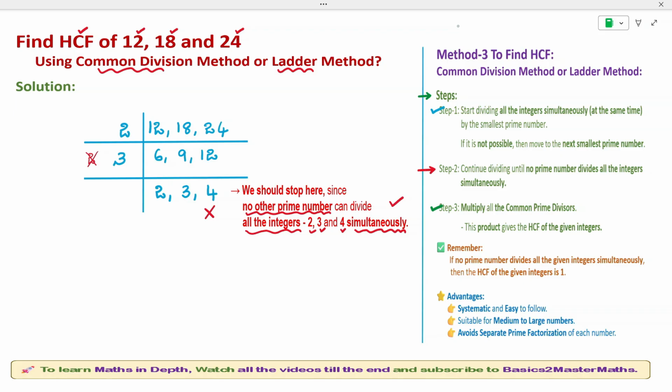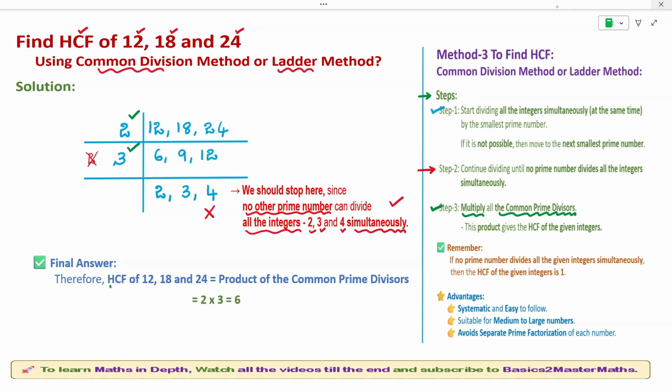Step 3. Multiply all the common prime divisors. In this case, they are 2 and 3.